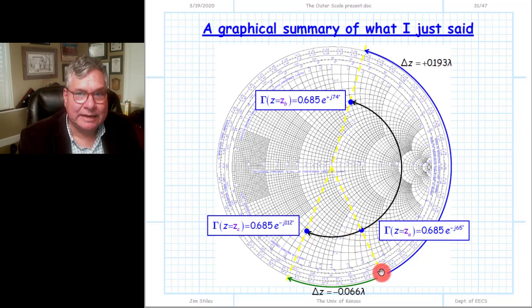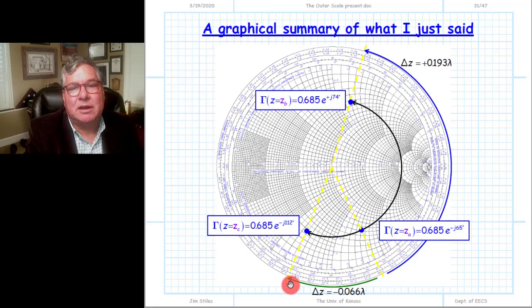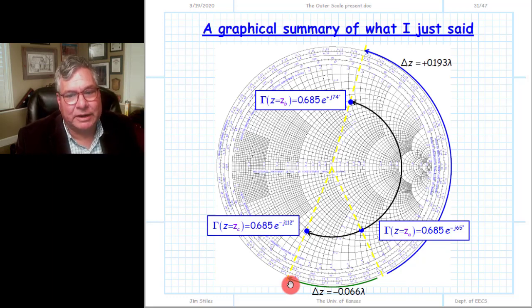Doesn't matter what the index says for ZA, nor what the index says for ZC. What matters is the difference between those two is a minus 0.066 lambda, which means the distance between them, ZC, is 0.066 lambda further away from the load toward the beginning of the transmission line.